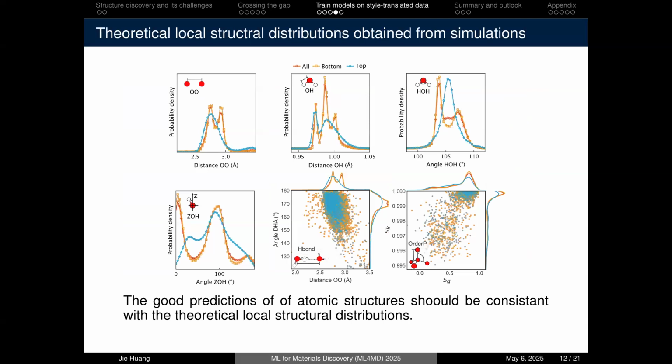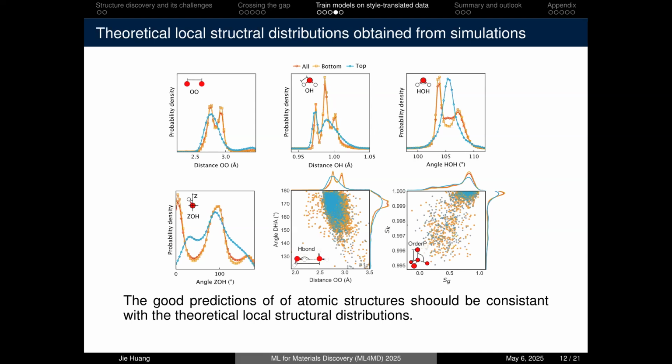So we have tried the following. We calculate some theoretical local structure distributions obtained from simulation. So we calculate oxygen-oxygen distances, OH bond distances, some angles, free OH bonds at the surface, hydrogen bond related properties, and also some other parameters which compute the distances from a reference structure.